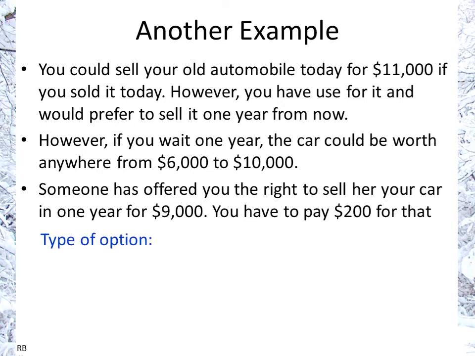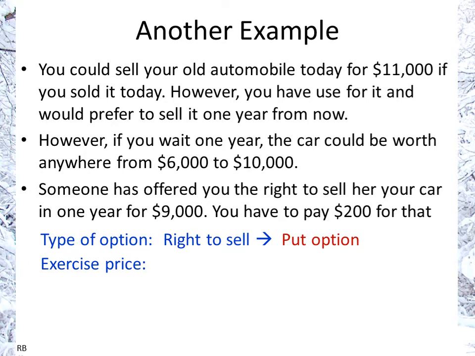So what's the type of option we're looking at here? Well, what's the right? You have a right to sell the asset. What is the asset? Your old car, and you have the right to sell it. So that would be a put option. Now, what is the exercise price?